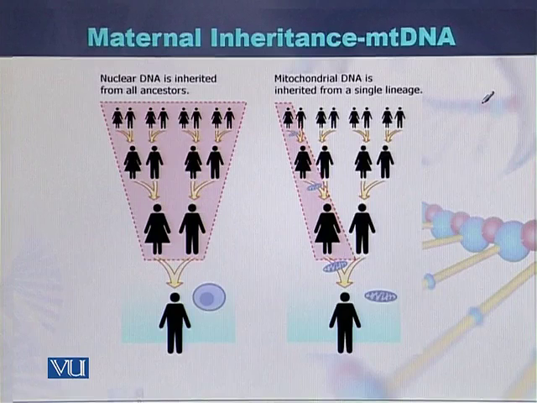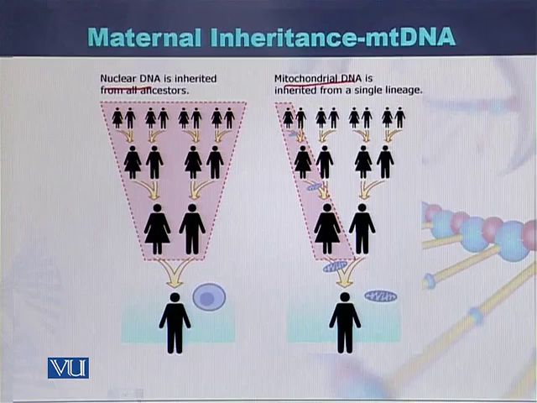If we compare nuclear DNA and mitochondrial DNA, in the case of nuclear DNA, all the ancestors transfer their DNA to the individual. Here we can see that this is a cross. This cross has transferred the DNA to this individual.